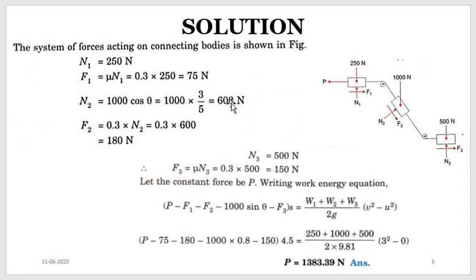So N2 will be equal to 600 Newton, and from that we will get the frictional force on the second plane, mu into N2, which is 600 times 0.3. Okay, so which is equal to 180 Newton.